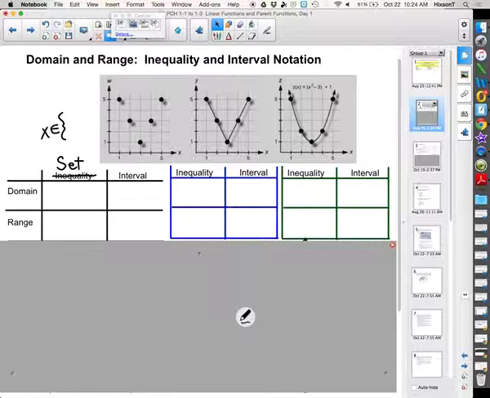And x obviously can equal 1, 2, 3, 4, or 5. So you would just list the values, okay? So x is an element of the set 1, 2, 3, 4, and 5. Okay, and that little thing that looks like an E is actually an epsilon, and that just means it's an element of.